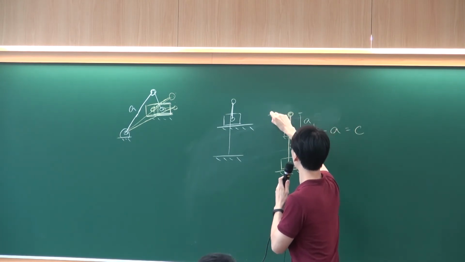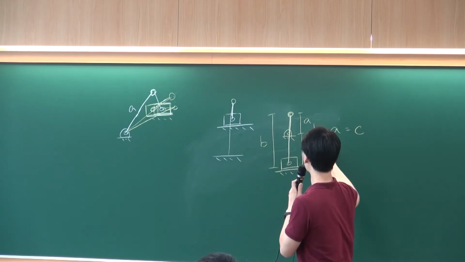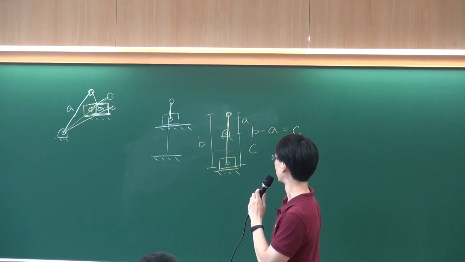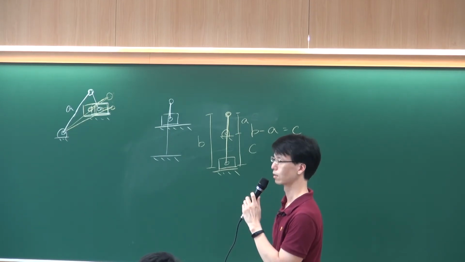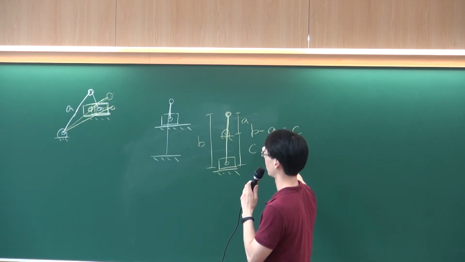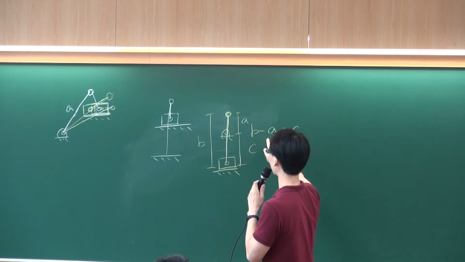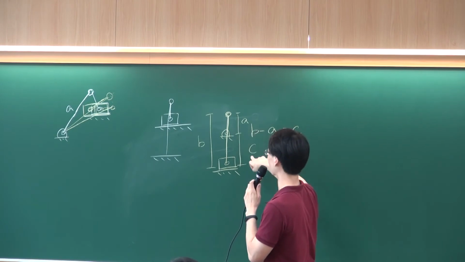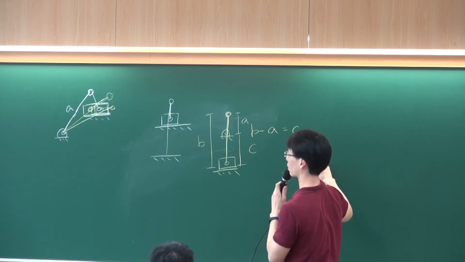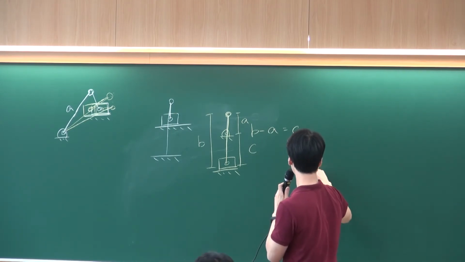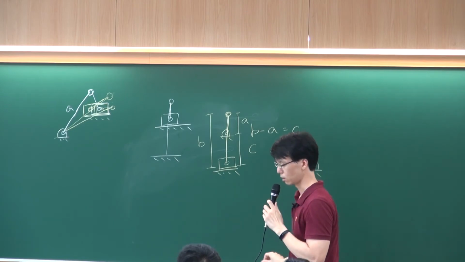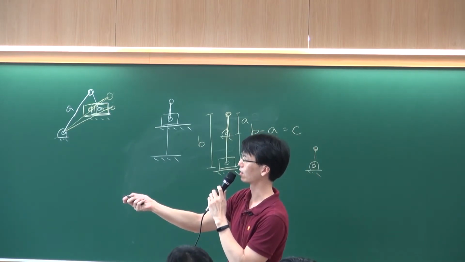A, B, C. So C doesn't have to point up, it can also go down. B minus A: in this case, B is greater than A, but B minus A equals C. Another case, if B minus A... Here we always consider this C as positive.